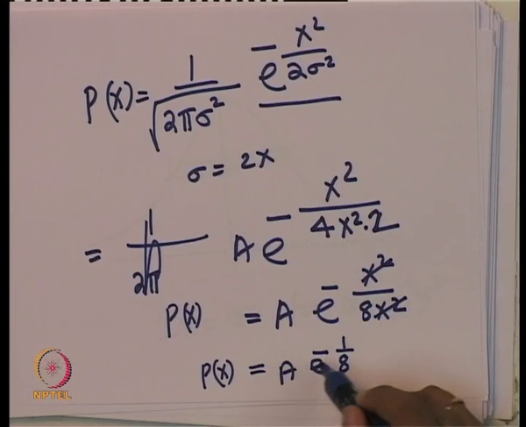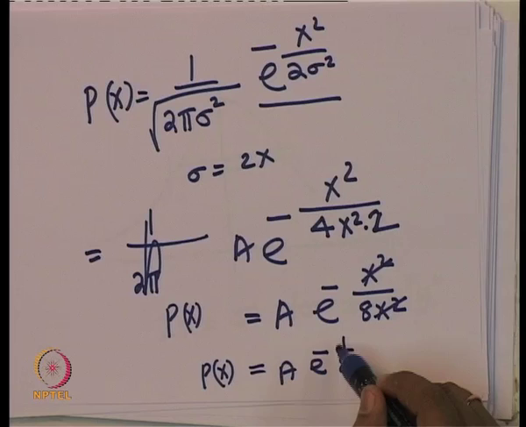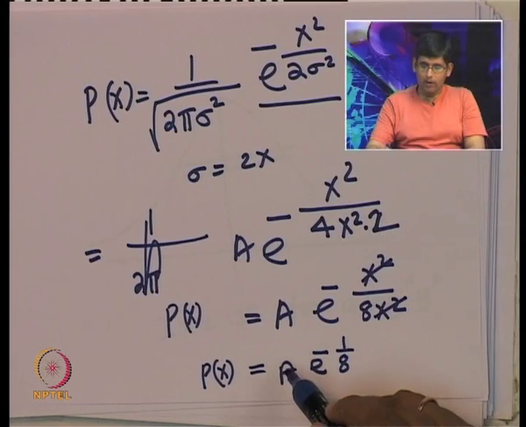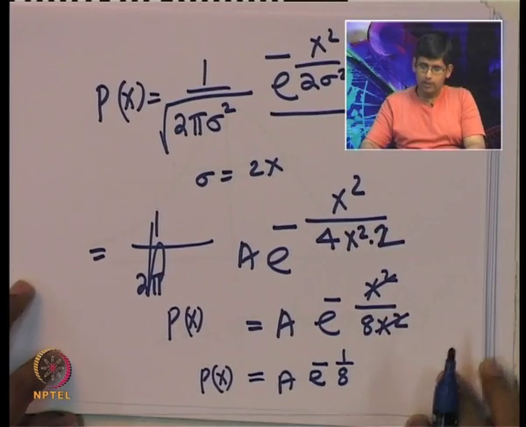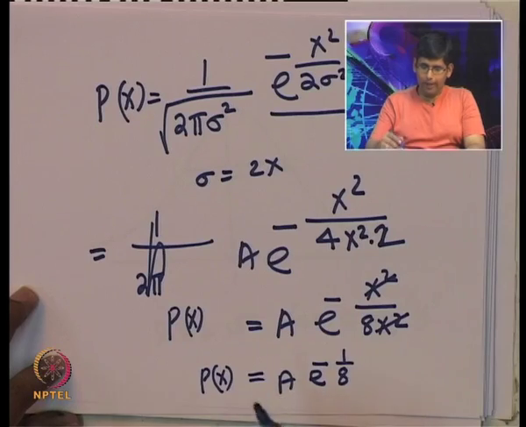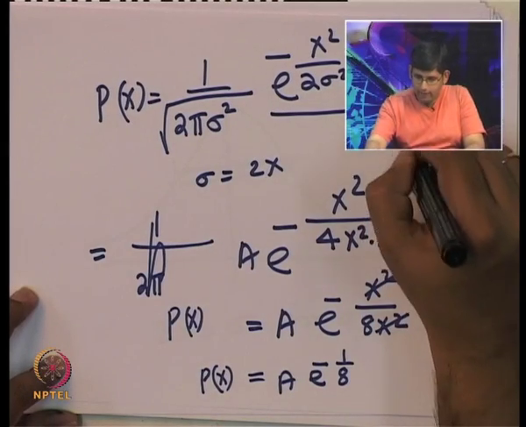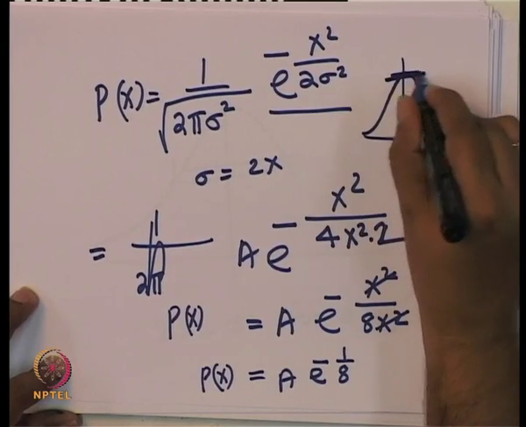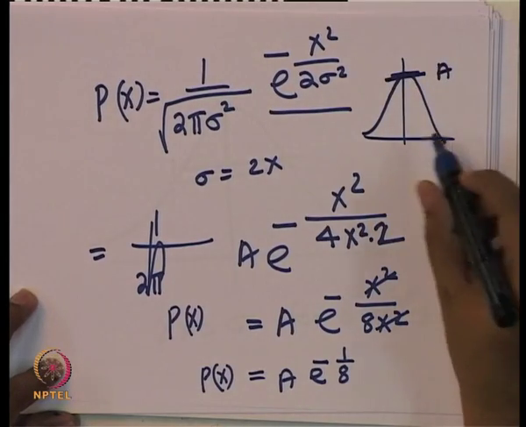This constant a is the maximum value, which we know is the peak, just by looking at the function.